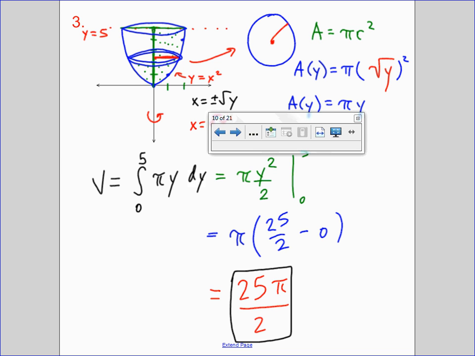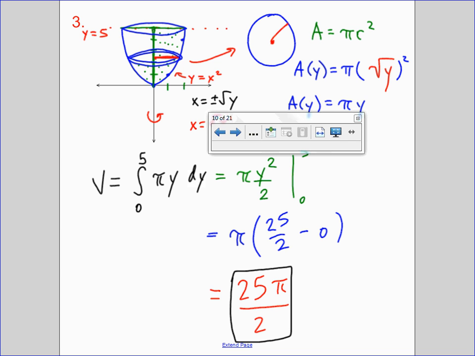What kinds of questions are you having about the first three? Anna. So you integrate with respect to y when you rotate it around the y-axis, and with respect to x when you rotate it around the x-axis. Yes, and I would extend that even to include when I rotate it around any vertical axis, whether it's the y-axis or x equals 2.